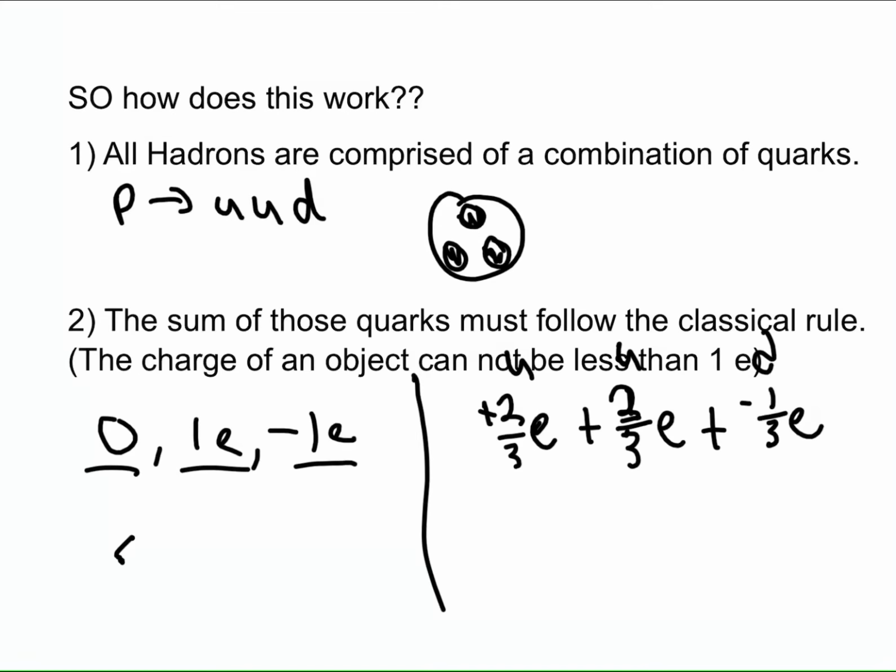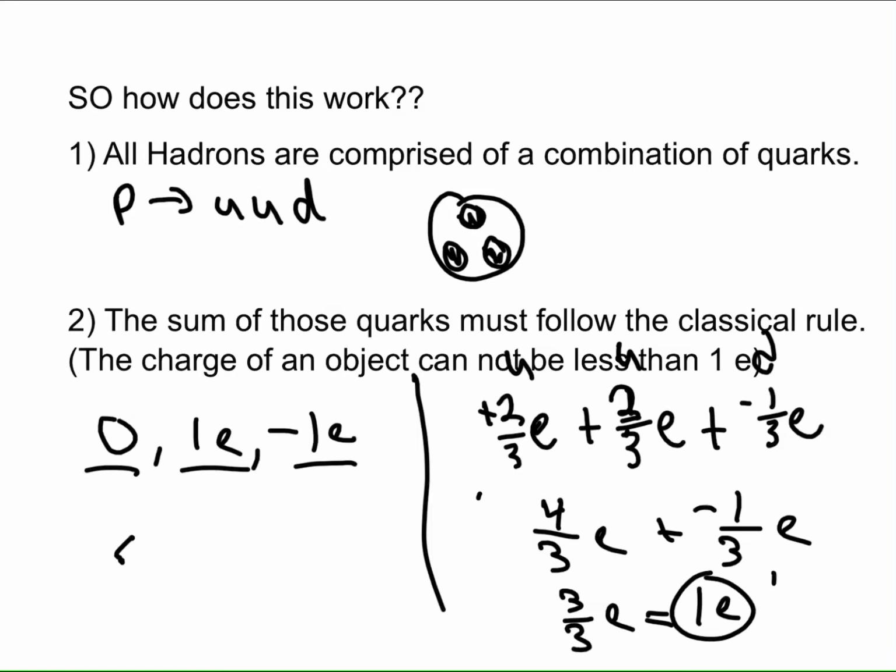This should still adhere to classical physics rules. So 2/3 and 2/3 gives us 4/3 E, plus -1/3 E, and that adds up to positive 3/3 E, which is 1 E. Physics still works.